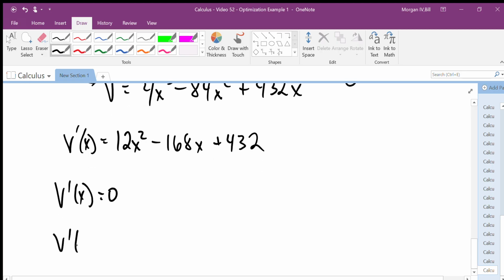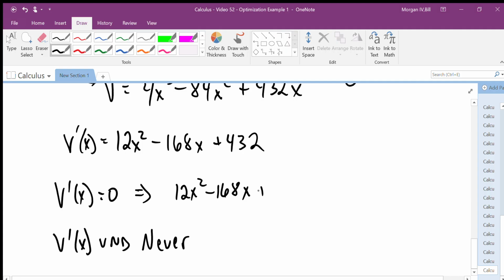And when is the derivative undefined? It is never undefined. That is a quadratic. Equal to 0 whenever 12x squared minus 168x plus 432 is equal to 0. I could try to factor or use the quadratic formula, but let's see if any of those numbers divide nicely and simplify this thing.